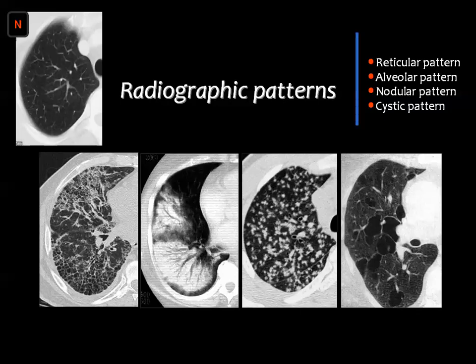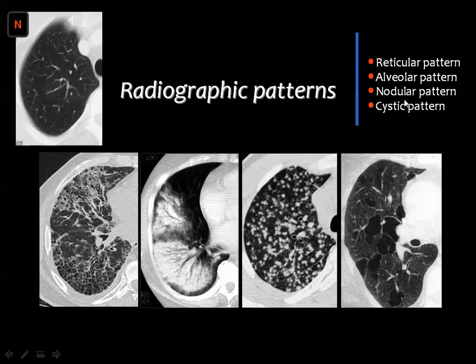In diffuse lung disease, we have four patterns of lung pathology, including the reticular pattern, which means that you have too many linear opacities scattered throughout the lung. The alveolar pattern, which means that you get patchy opacities with or without internal air bronchogram.